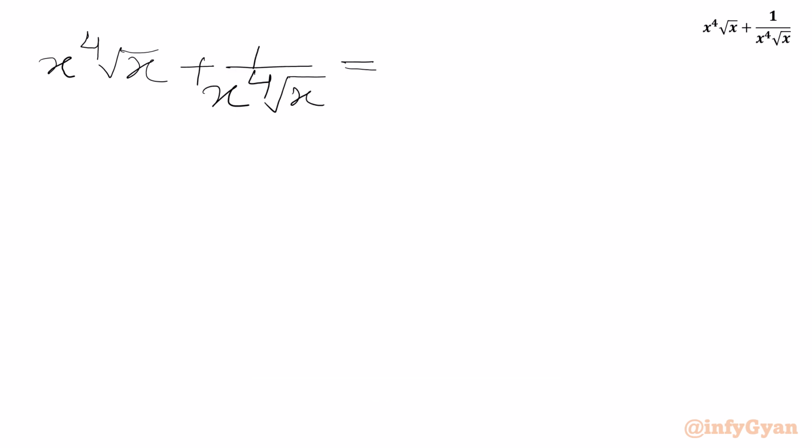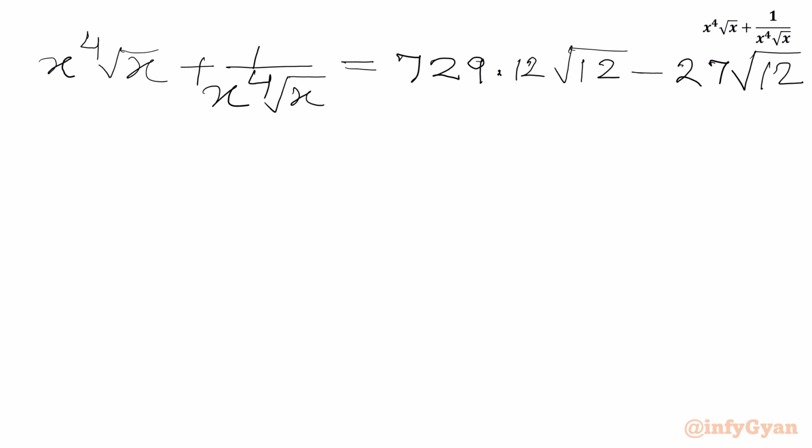This will be equal to 729 times 12 square root 12 minus 27 square root 12. Let's simplify our RHS first. So 729 times 12, this value will come out 8748 square root 12 minus 27 square root 12.